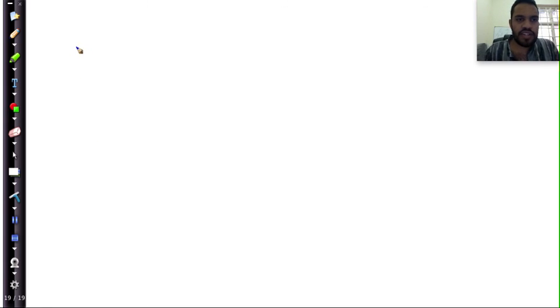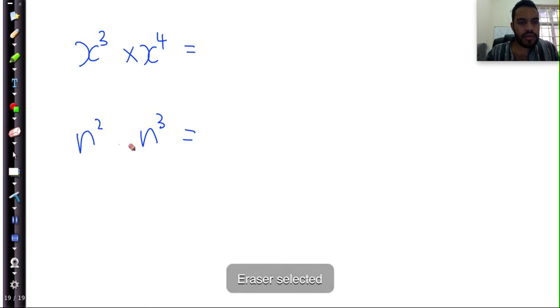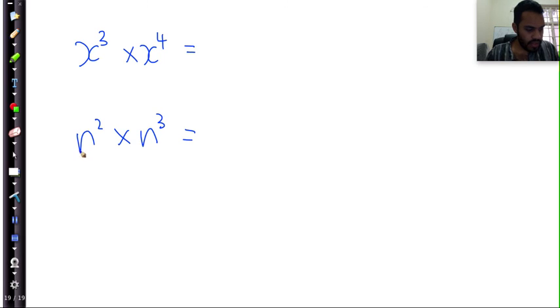Now here are 2 or 3 for you to try on your own. I want you to give me the results. Press pause. x to the power of 3 multiplied by x to the power of 4. n squared multiplied by n cubed, or n to the power of 2 multiplied by n to the power of 3. 3 to the power of 2 multiplied by 3 to the power of 4 multiplied by 3 to the power of 12.